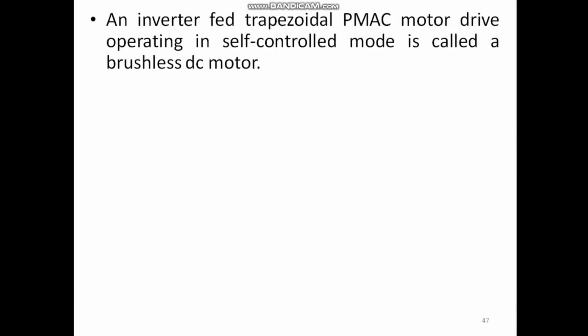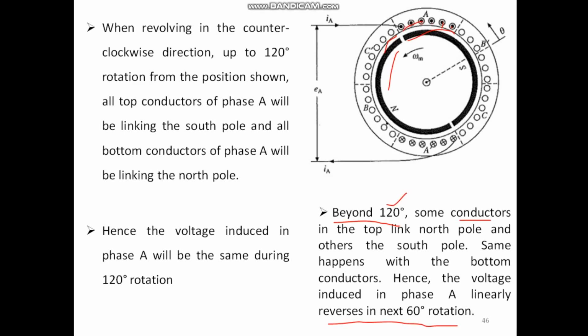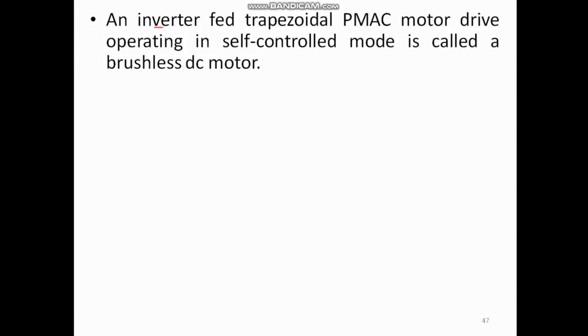Now, an inverter fed trapezoidal PMAC motor drive. This is the construction of the trapezoidal PMAC motor. When I feed it with the inverter, such a drive, where an inverter fed trapezoidal PMAC motor operates in self controlled mode, is called a brushless DC motor.